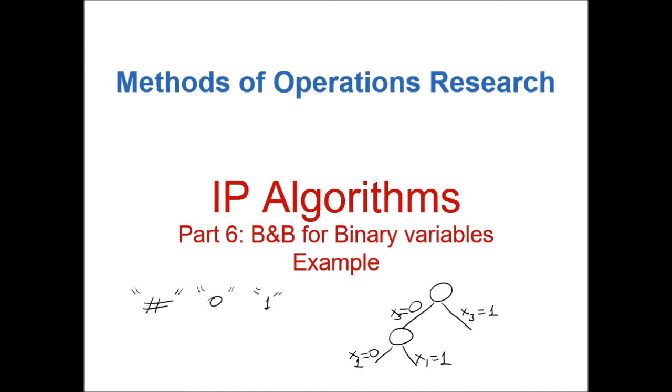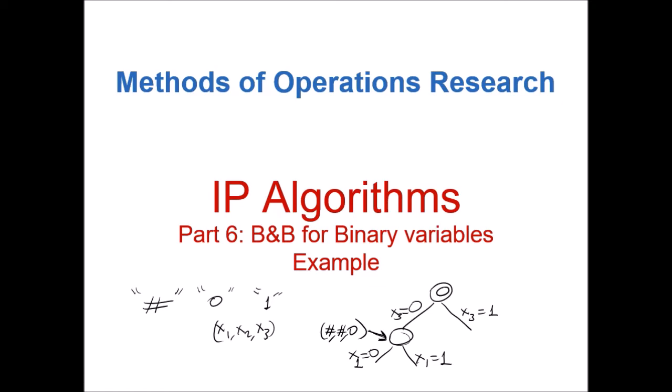So it means that in this example, in this LP relaxation that we are solving here, if we have three decision variables, x1, x2, x3, and if this is the root node, root 0, it means that here x1 value is free, it is not fixed yet. The x2 value is also free, it is not fixed, but the value of x3 is fixed to 0.